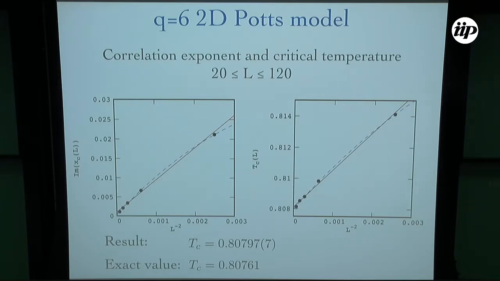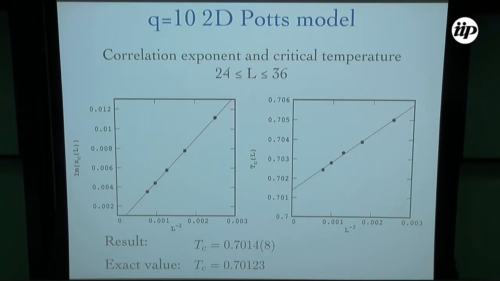Just another playing with those things, in the 10-state Potts model, with very small lattice sizes. Remember, I'm using Metropolis. Here we have a very strong first-order phase transition. Then, using only Metropolis, and for such a very small lattice size, we already see clear signs that it is a first-order phase transition.